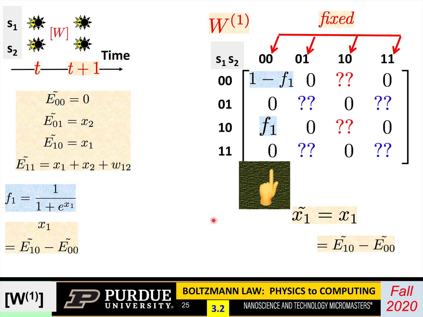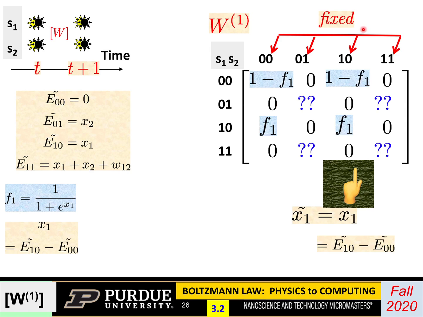And so now that we have the x, you can define this Fermi function corresponding to this value of x, which is this energy difference, and fill up 1 minus F1 and F1. And you could also fill up this other column, that's 0, 0, 1, 0, again exactly the same, 1 minus F1 and F1.